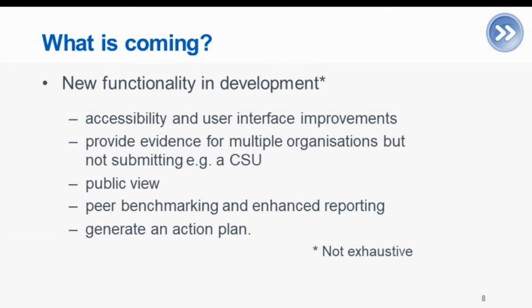There'll also be a public view, so people won't be able to see individual things, but will be able to see which organisations are compliant and aren't compliant. I think this is mainly aimed at other organisations, not GP practices, so other people who handle data outside. There's other things in development, and we'll hear more about these as time goes on.